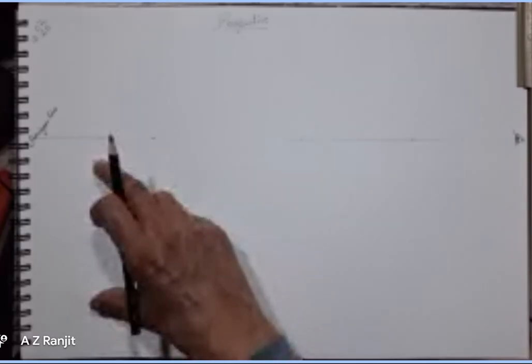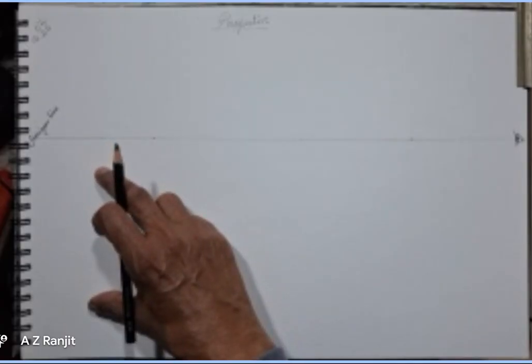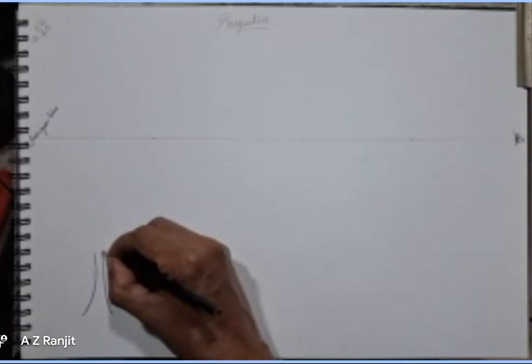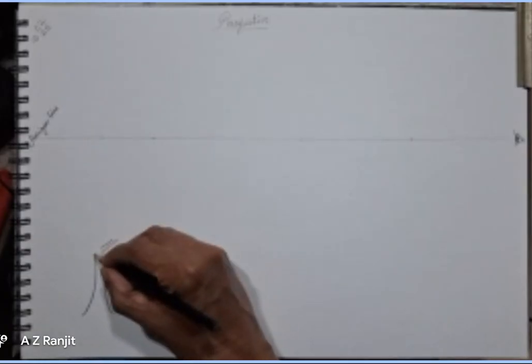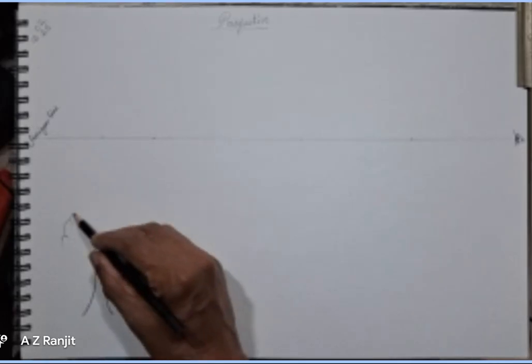So I will draw it somewhere here. I don't want it to go above that. Which means I'm going to draw, let's draw that tree as simple as that.